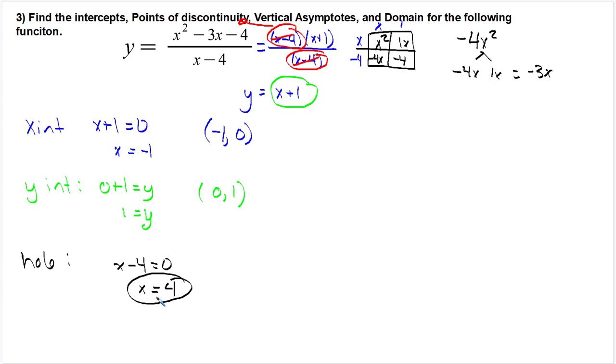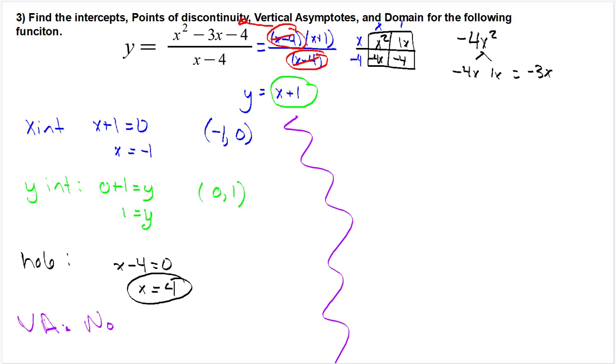And our vertical asymptotes, we had none, because we have nothing left in the denominator. So there are no vertical asymptotes.